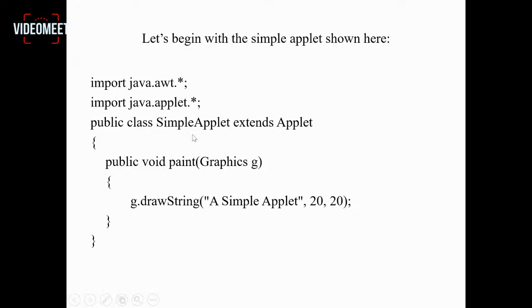So in mathematics, in coordinate geometry, we'll have something called quadrants: first quadrant, second quadrant, third quadrant, and fourth quadrant. Right. So at the center, you'll have an origin. You'll have an x-axis and y-axis. You'll have positive values on the right side of the origin on the x-axis and negative values on the left side. And on the y-axis, above the origin, you'll have positive values, and below the origin, you'll have negative values.